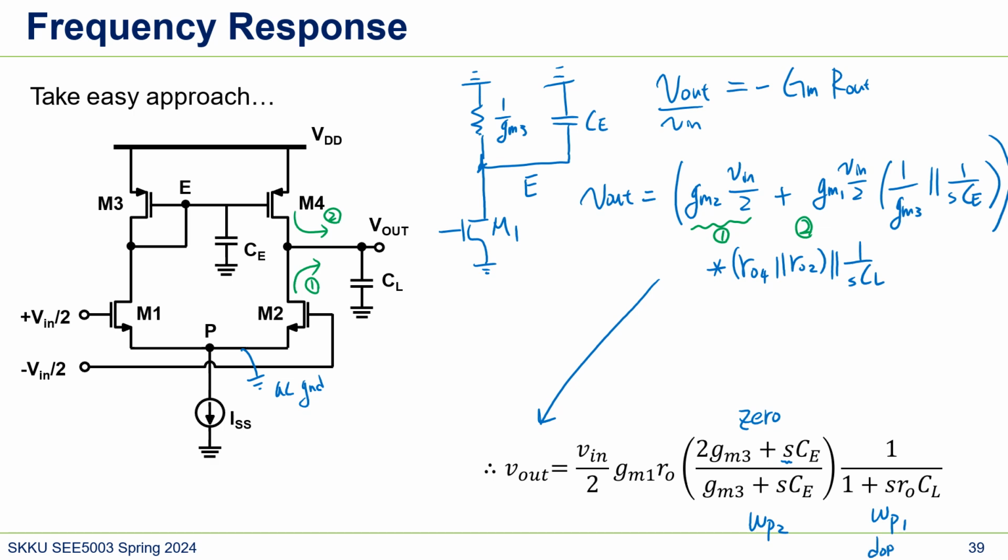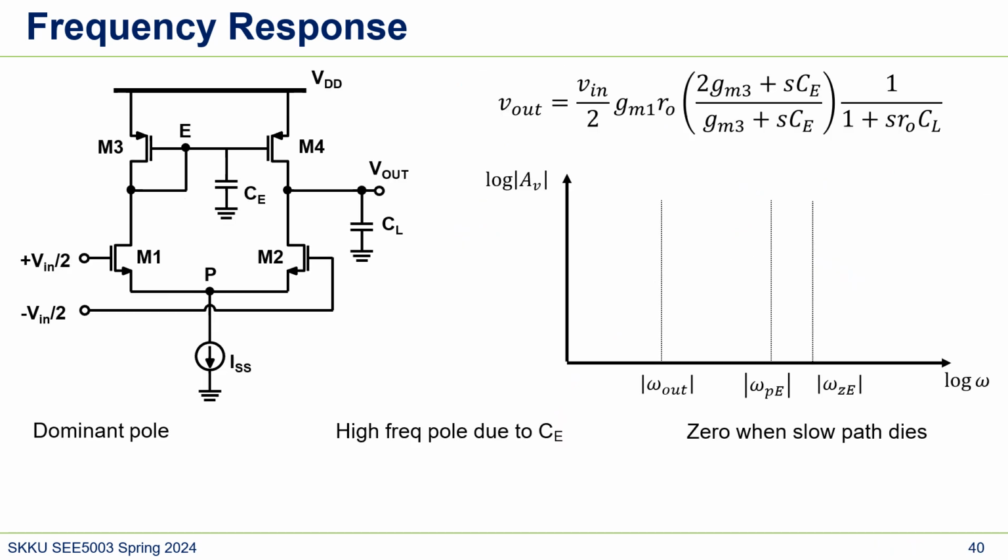Dominant pole means smaller frequency. The dominant pole was W out, at the output node, which is minus 1 over CL and RO. By the way, this RO is RO3 parallel RO4. That's also the same as the previous slide.